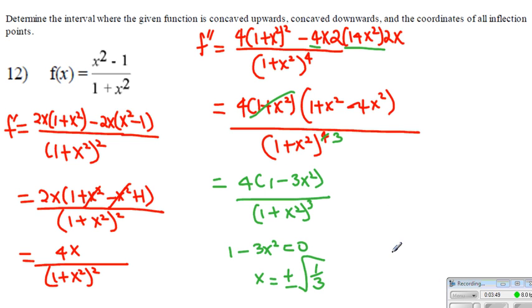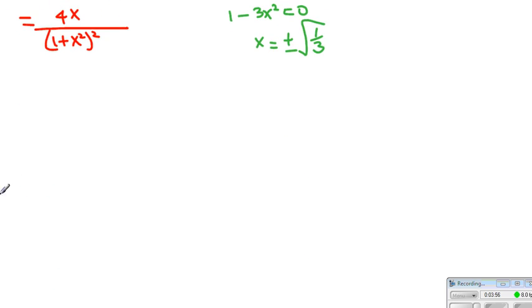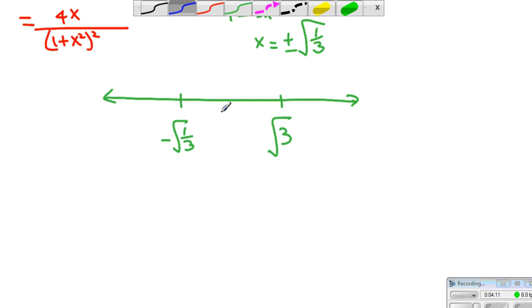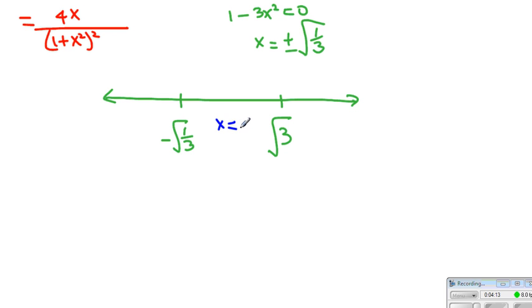All right. Now, then we have to try a number line. So to the number line we have, here negative square root of 1/3, and this is positive square root of 1/3. Obviously, the value which we can check here is x equals 0.